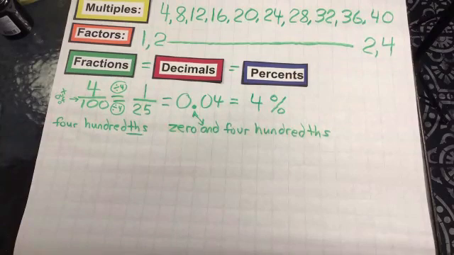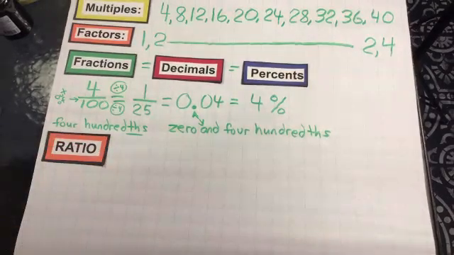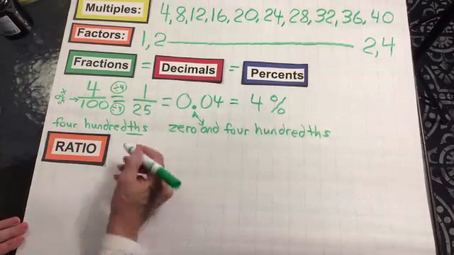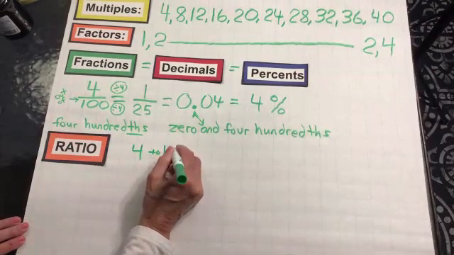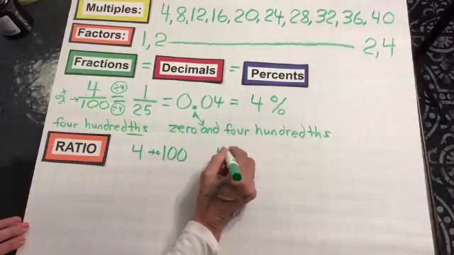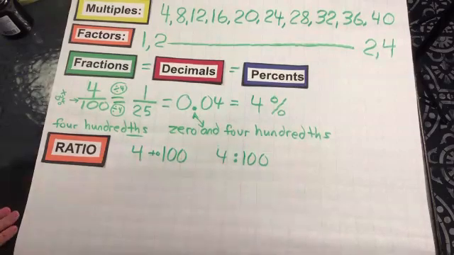All right, let's move on to ratio. Ratio again is comparing. So we're going to do 4 to 100 or 4 colon 100. It's very similar to fractions, but you'll find ratio in statistics.